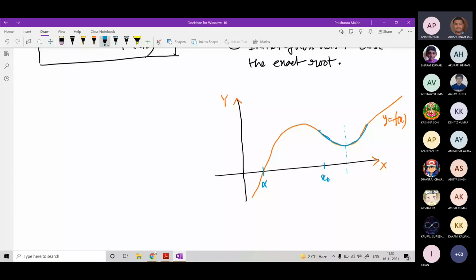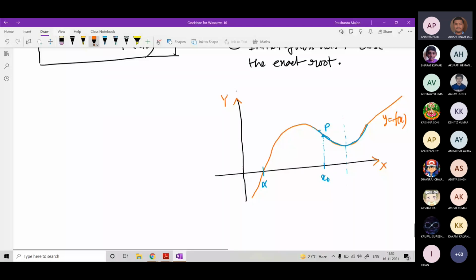Okay, so in this method, what do we do? We draw a tangent at the point x0, f of x0. So that point is P. So draw a tangent at x naught comma f of x naught. Let me use the black color.